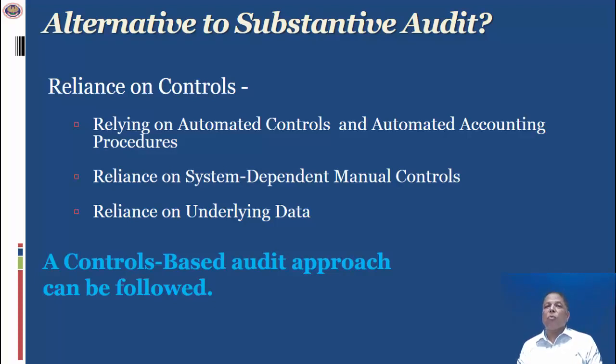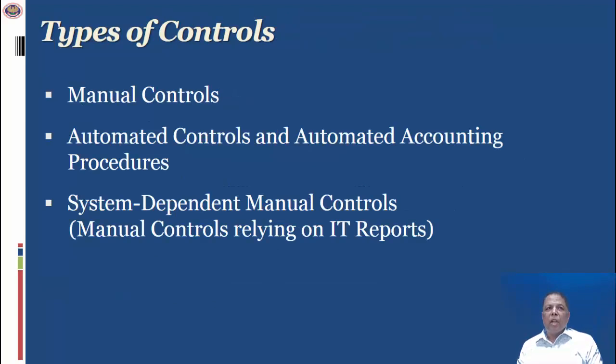And this is what is called a controls-based approach to audit. This is relying on the controls which the management has implemented after appropriate assessment. So let us dwell upon this appropriately.